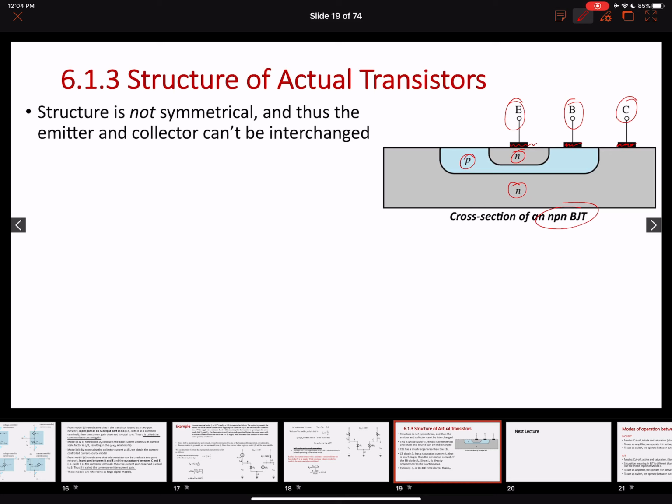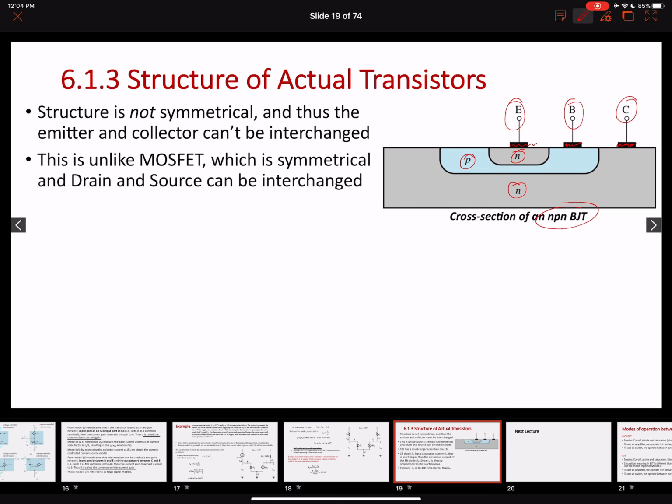So we have a gate terminal, source, and the drain. We can easily interchange the source and the drain terminals if needed because the structure was symmetrical. However, in the BJT, our structure is asymmetrical, so collector and the emitter terminals cannot be changed.